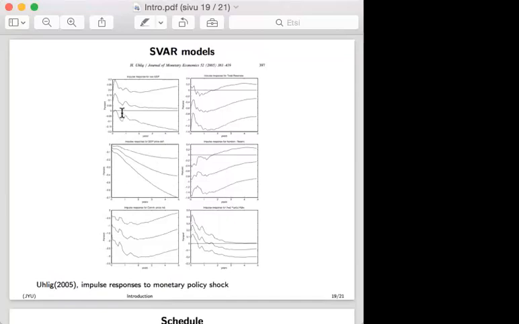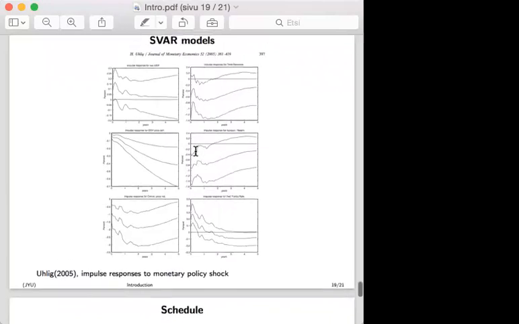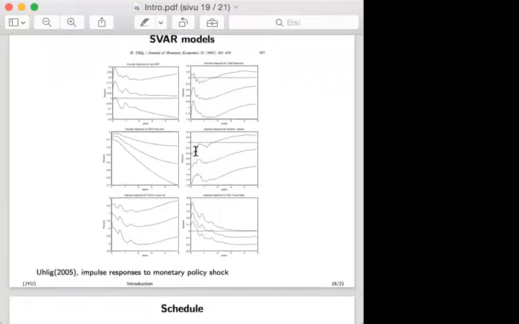We see a quite mild impact on GDP, then a stronger impact on the GDP deflator, and then reserves are responding negatively too. But this is a more empirical way to quantify the effects of policy shocks.